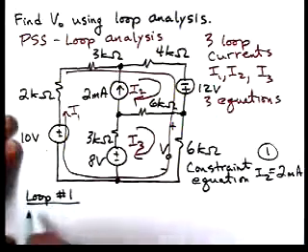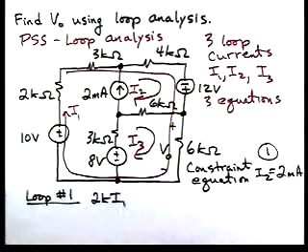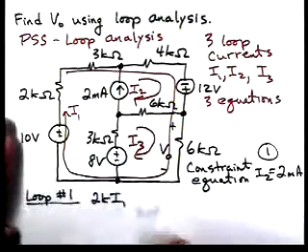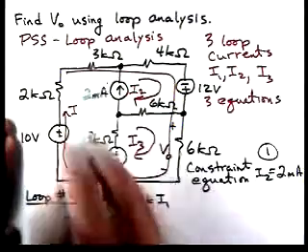We'll have 2K I1. Okay, there's a drop across this resistor. Then we'll have 3K I1, which is a drop here.